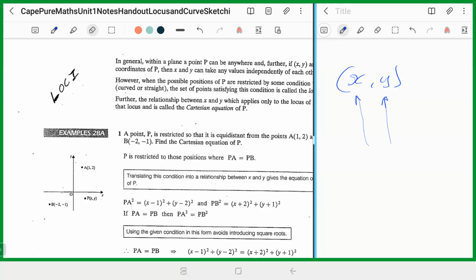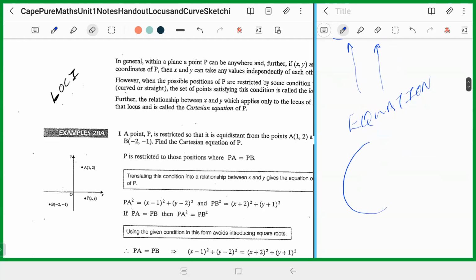That relationship between x and y comes in the form of an equation, a Cartesian equation, like one of your normal equations, right? When you apply that rule on the point and you get that Cartesian equation, that equation is for some curve, whether a curve or some line.